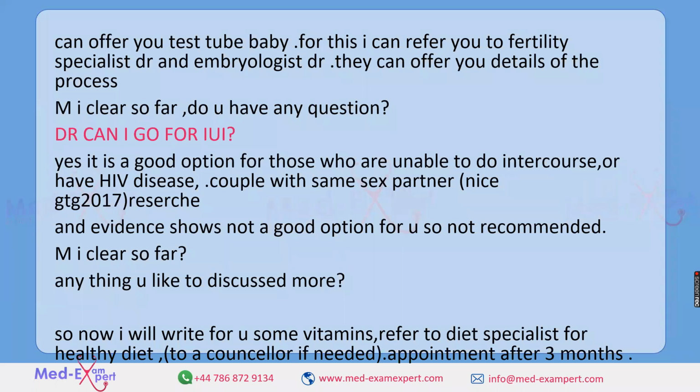I will die. I want to cry. My life will end. We are so desperate to have a baby. How can I survive? He needs a counselor. Another communication with colleague. Appointment after 3 months you will give to repeat his semen analysis. Okay. Case 2. Any question for case 2?